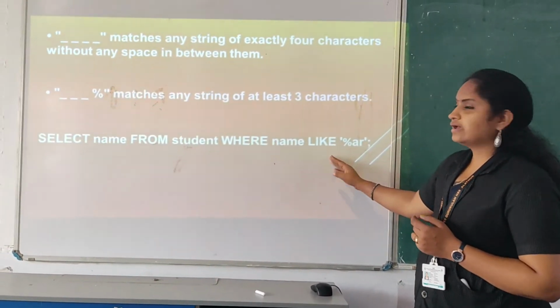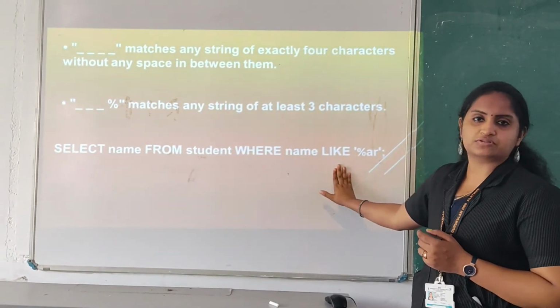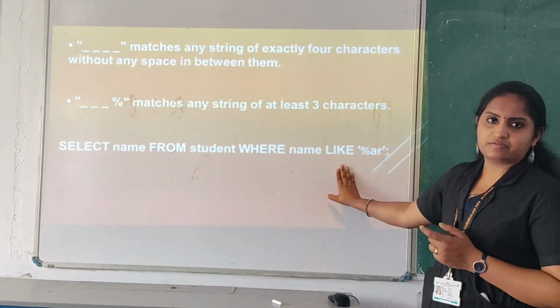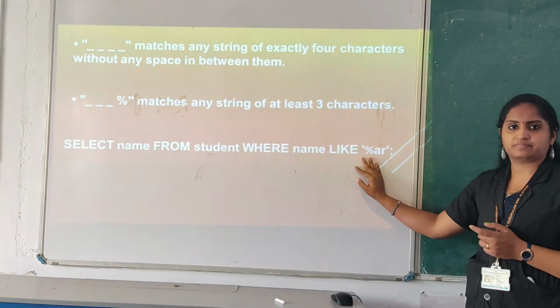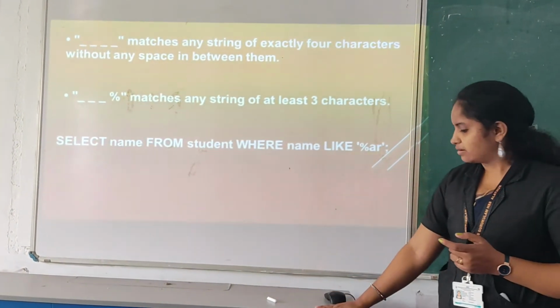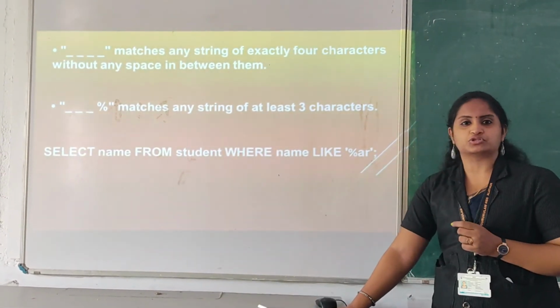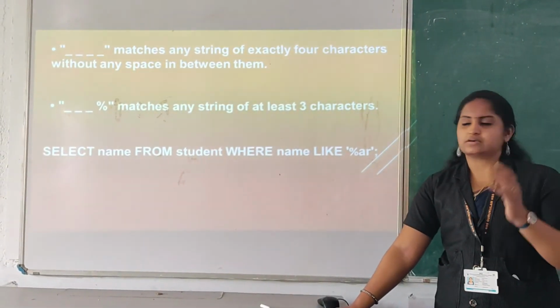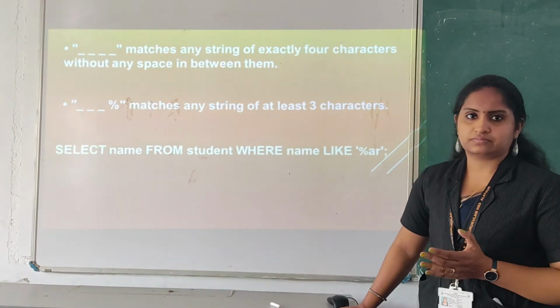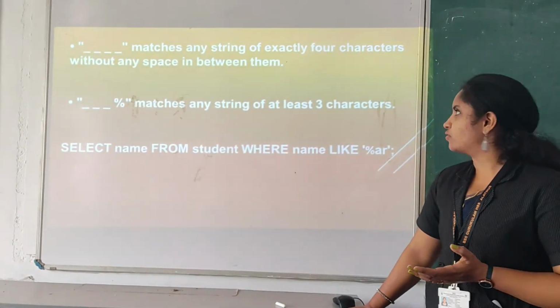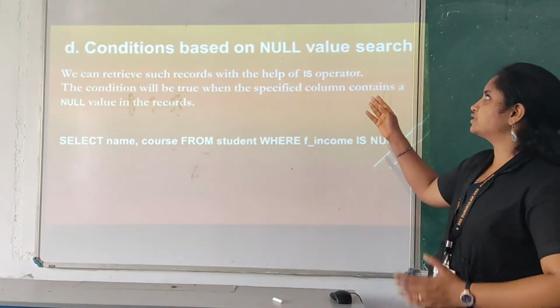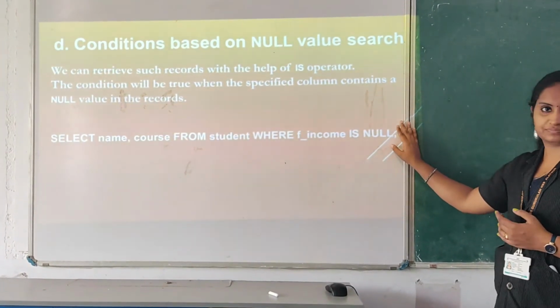So here the operator we are using is the special operator LIKE for pattern matching. And these are the operators we mainly use for searching a particular pattern. So next we are going to discuss the condition based on a null value.